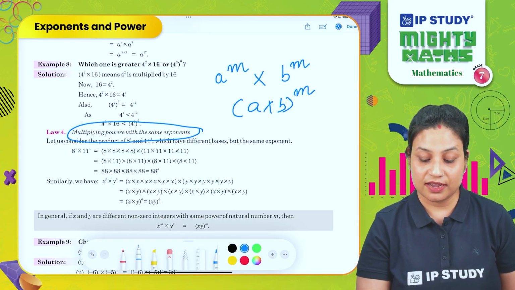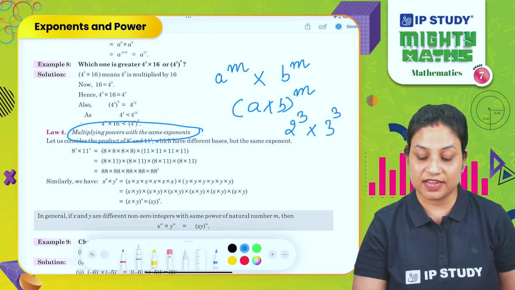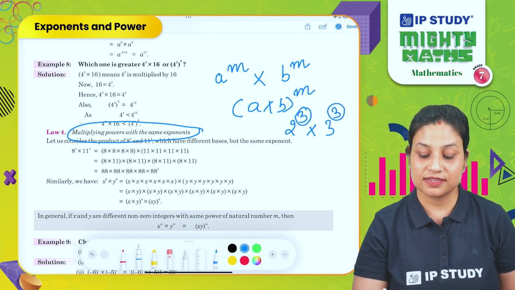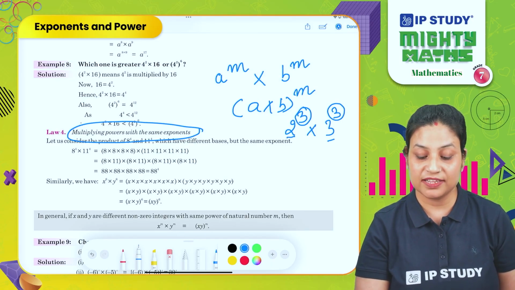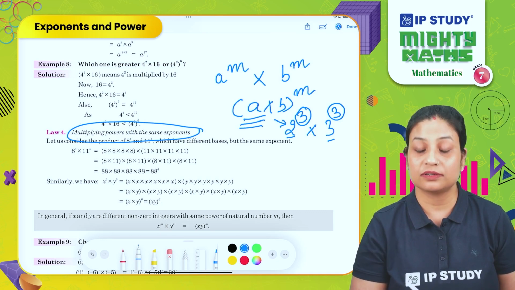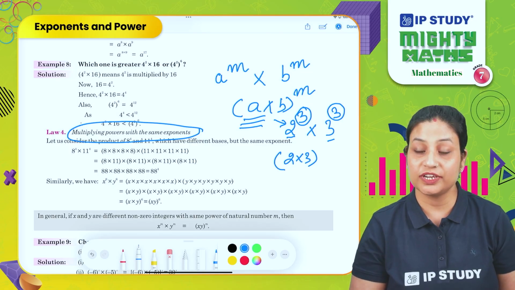Let's say I have 2 raised to the power of 3 and 3 raised to the power of 3. As you can see, we have taken the same power but the bases are different. Let's apply this law to this question. Simply, you have to multiply the bases, that is 2 into 3, and keep the exponent as it is.